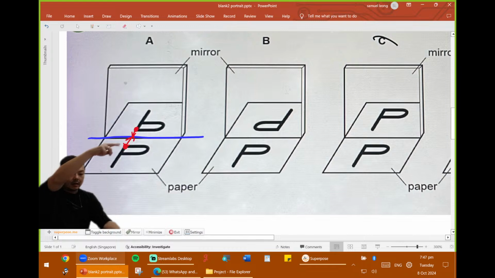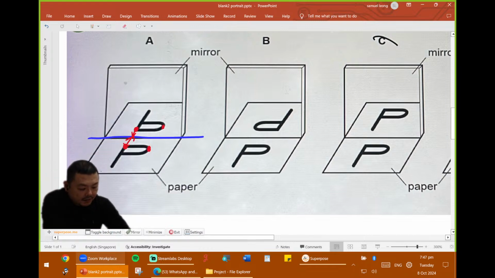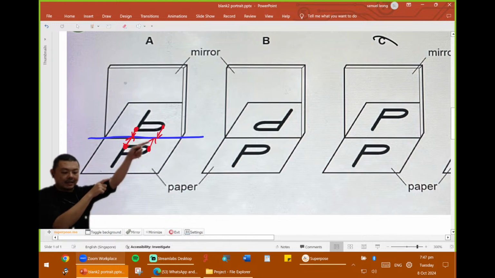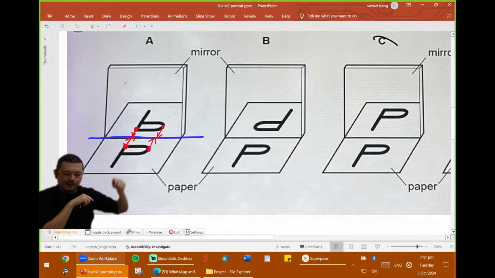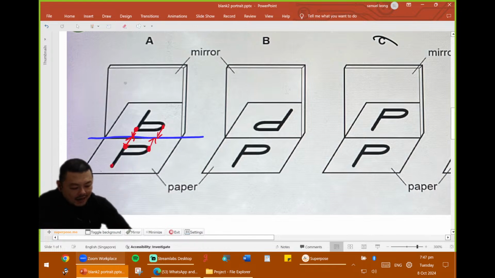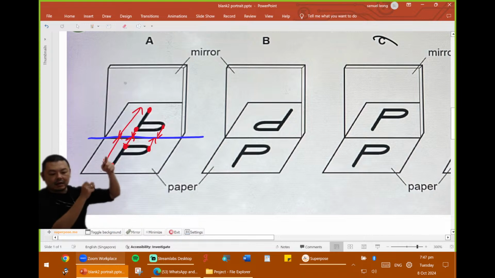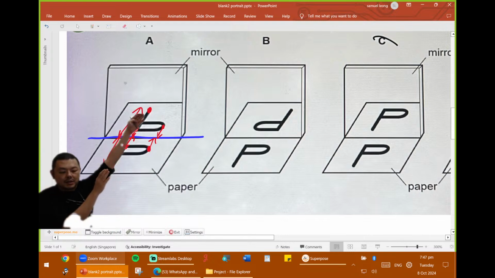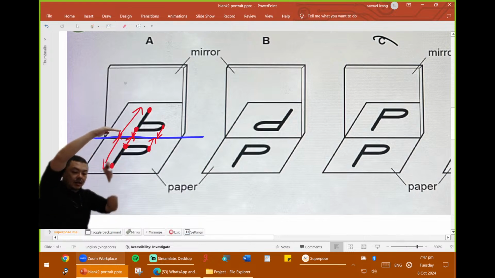And the ends of the P have the same distance from the object to the mirror and from the mirror to the image.